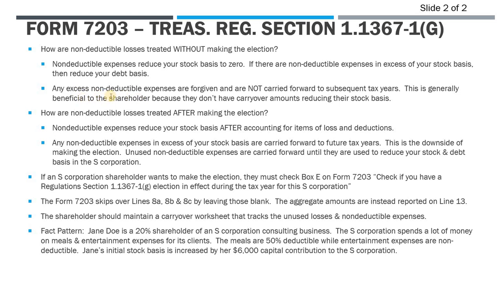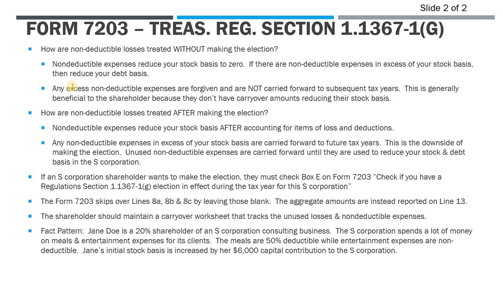But to the extent that you have any excess non-deductible expenses over your stock or debt basis, those excess non-deductible expenses are just forgiven. They're eliminated. They don't get carried forward to subsequent tax years. This is generally a good thing, because non-deductible expenses reduce our basis, which is generally not a good thing. We want to keep it high because it allows us to use losses. If we sell the stock, we have a higher basis, so we reduce our capital gain. That's why non-deductible expenses are generally not a good thing from a basis perspective.